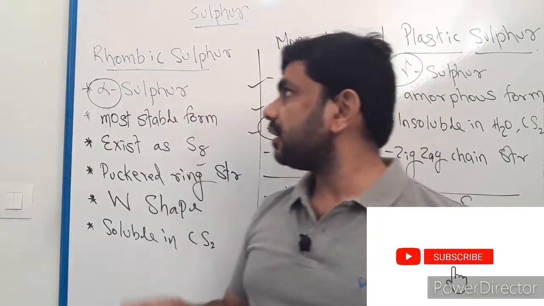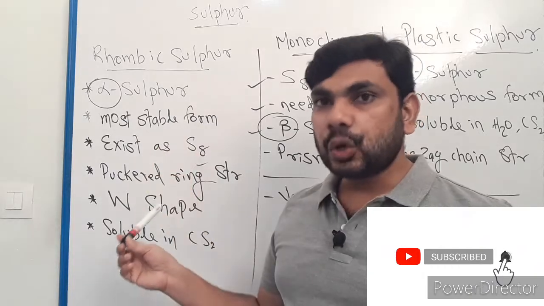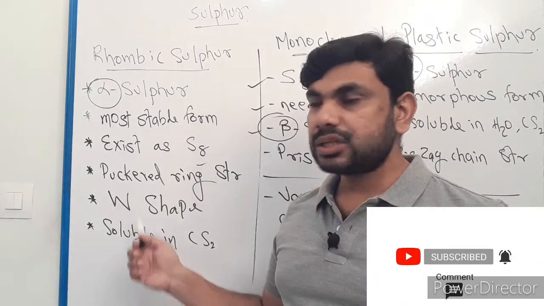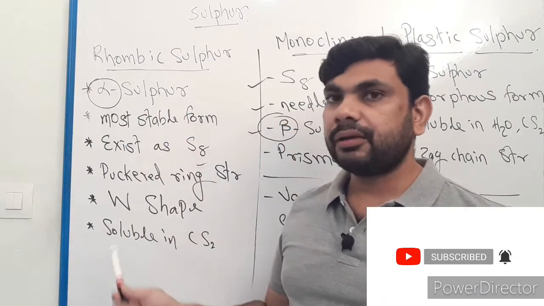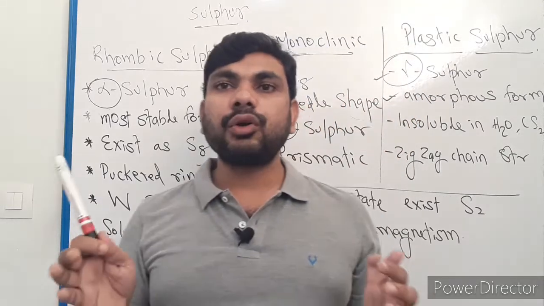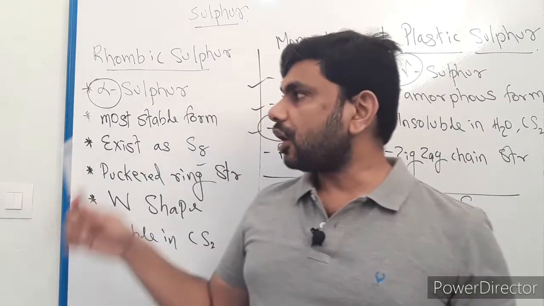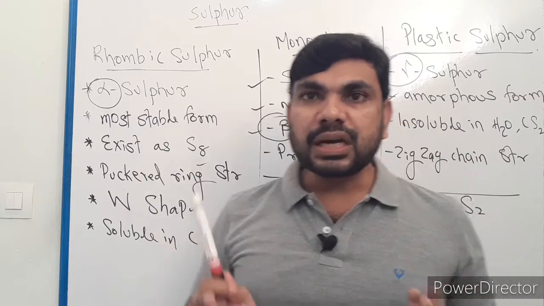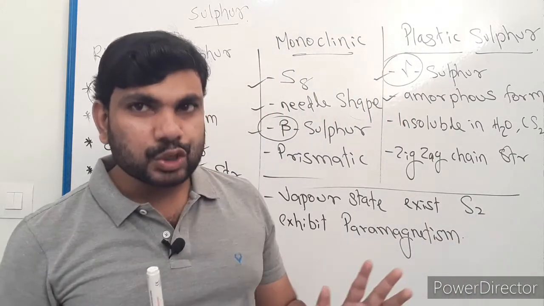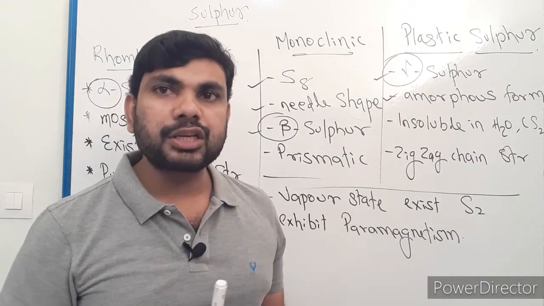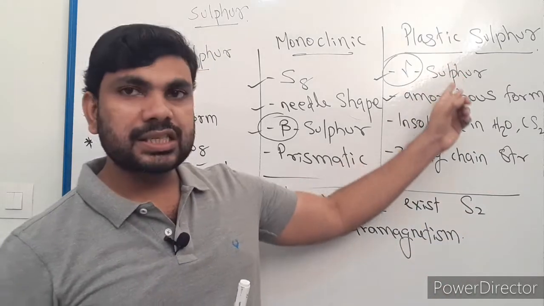We discussed that rhombic sulfur is soluble in carbon disulfide. Which form of sulfur is soluble in carbon disulfide? Rhombic sulfur. Which form of sulfur is insoluble in water and carbon disulfide? Plastic sulfur.